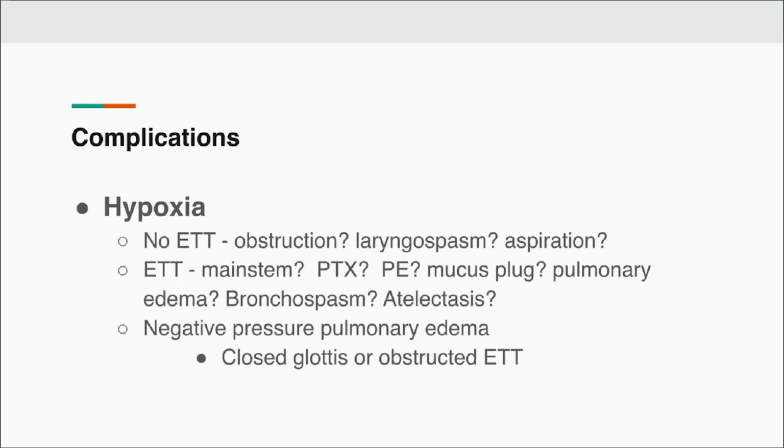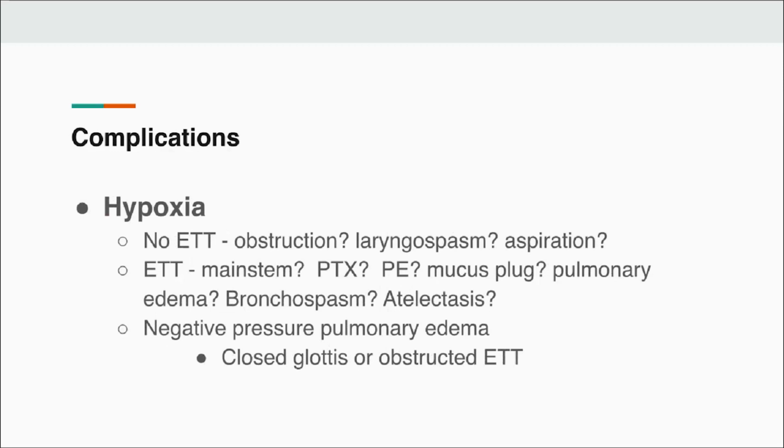Do we need to provide a chin lift or a jaw thrust? Going further down the respiratory tract, are they having a laryngospasm from light anesthesia, from secretions or some gastric contents that may have gotten down onto the cords and caused laryngospasm? Or have they frankly aspirated and are now in respiratory distress and hypoxic from vomiting and that gastric contents going down into the lungs?